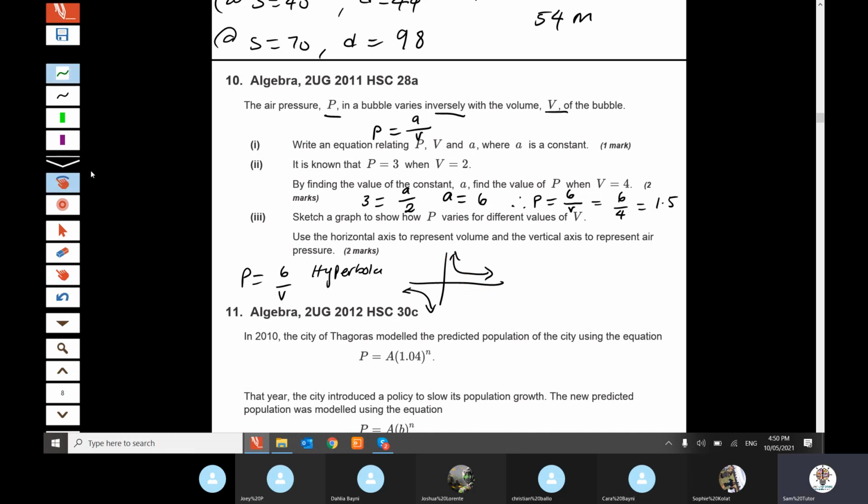You will get marked down if you drew both, because it's not applied to the question. If I just told you sketch a hyperbola, you will get marked down if you don't draw both. But in this case, it's not just a hyperbola, it's also the fact that X values are going to be positive because volume is always positive.